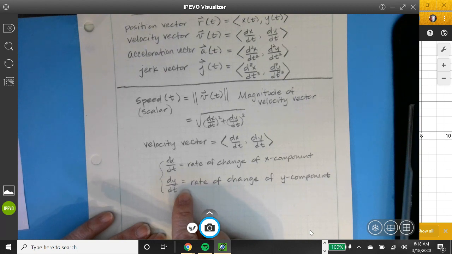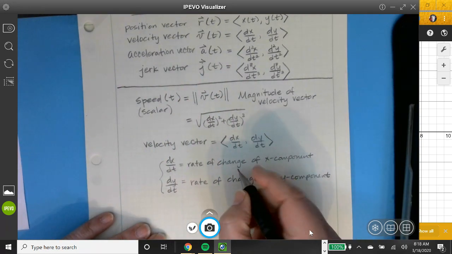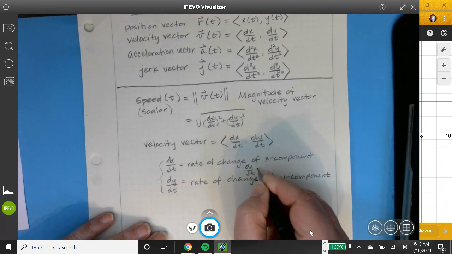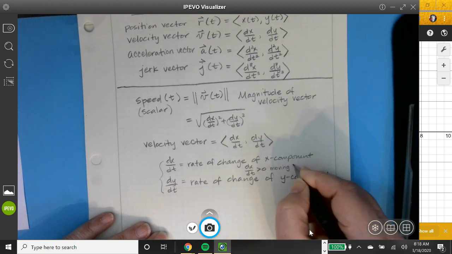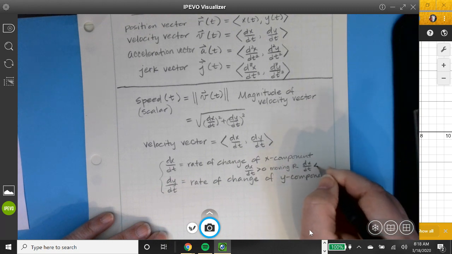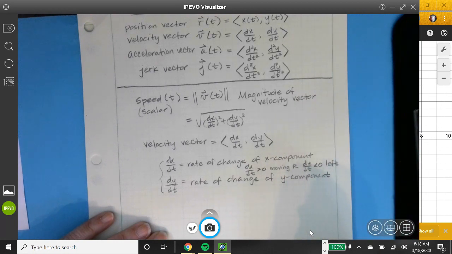So you're going to have two pieces to your motion. Okay, so when dx dt is greater than 0, we're moving right. Dx dt less than 0, we're moving left. Okay, what happens when it's 0?